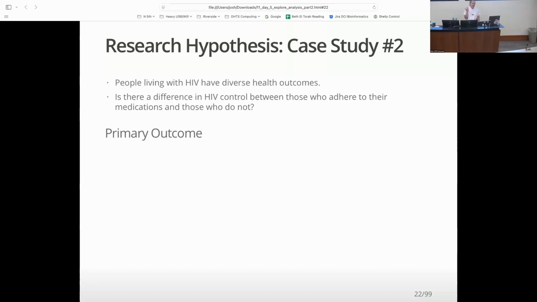So think about it, remember that it should be something that's measurable. Okay, so viral load, that could be a primary outcome.